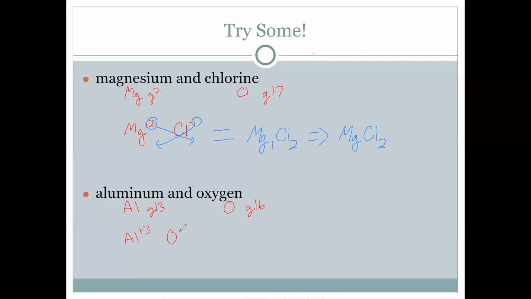Oxygen is going to have a charge of -2. Once again, same process is going to take place. You're going to take this number, you're going to move it down and over, that number, move it down and over. You are going to end up with Al2O3. You don't even need to simplify because both of these have a subscript. And you are done. This is your compound.